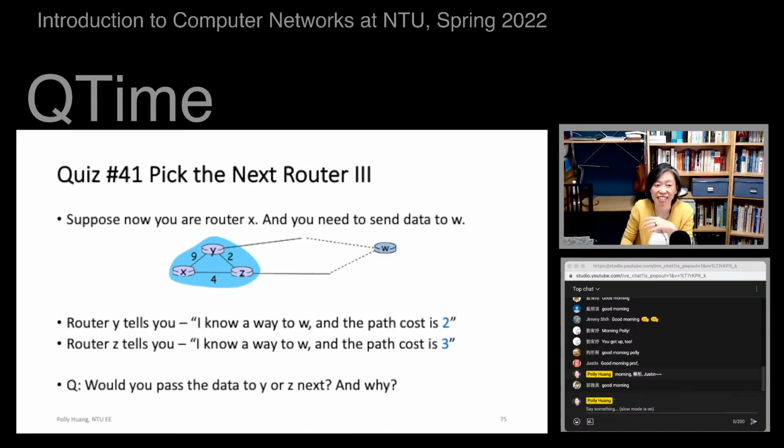Very good, guys. Very, very good. Yeah, still you compare the two paths, X, Y, W to X, Z, W. Right, so through Y we have 9 plus 2. Through Z we have 4 plus 3. Yeah, we still send it to Z because that's all we know of.